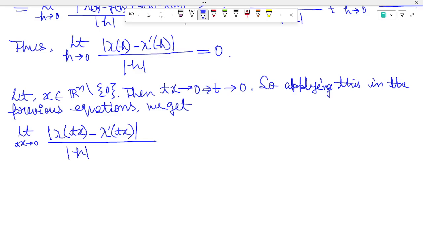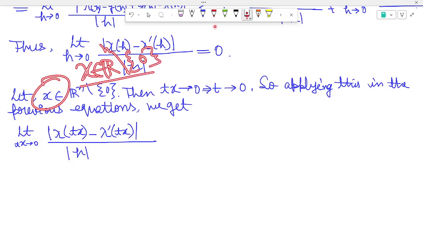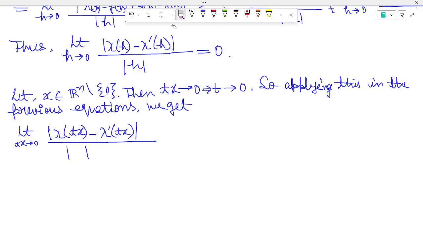Now see, t is a scalar and x is an arbitrary vector. Lambda is a linear transformation, so t will come outside.